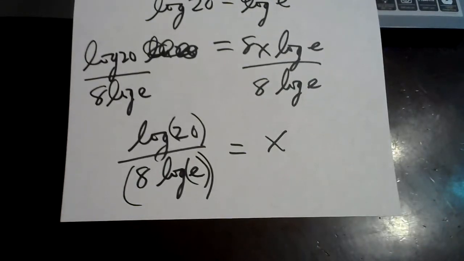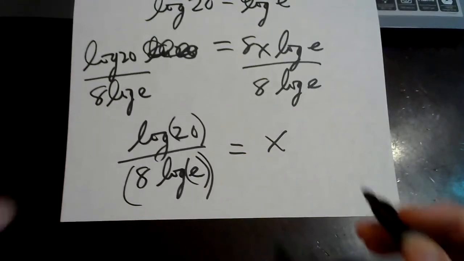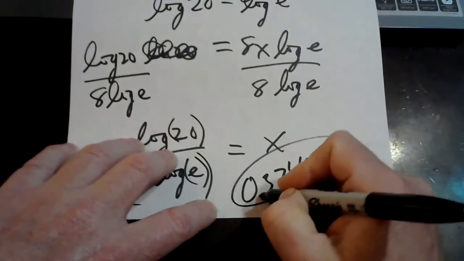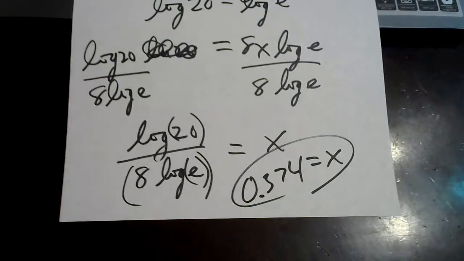But practice with your calculator too. I'll tell you what I get. .374. All right.